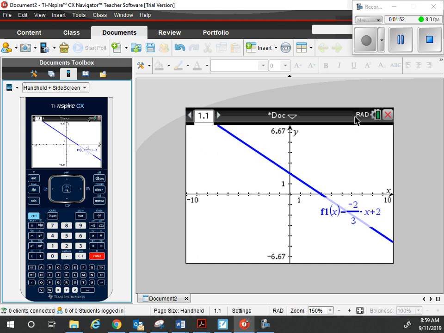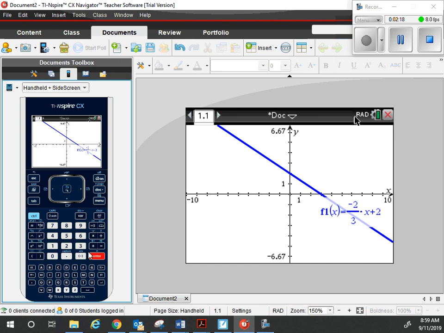Now that graph will help us spot check with the one that we have on our paper. But what would really help us is to have a table with it.